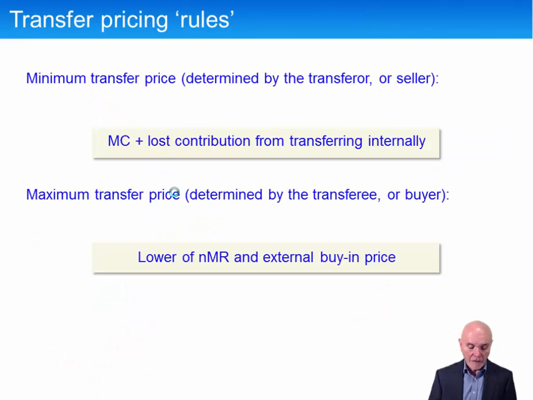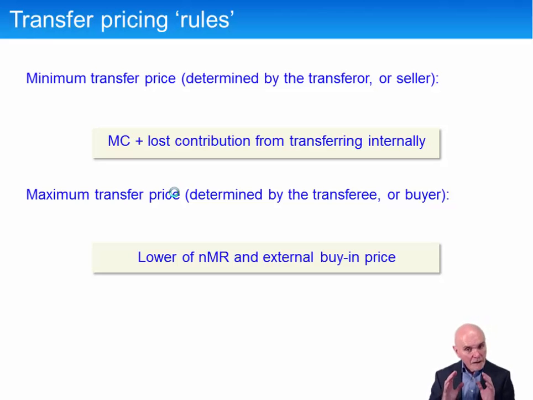So here are the rules. The minimum transfer price is determined by the transferor or seller. It's the marginal cost plus the lost contribution you would get from internal transfer rather than external transfer. The maximum transfer price, determined by the transferee or the buyer, is the lower of the net marginal revenue and the external buy-in price.